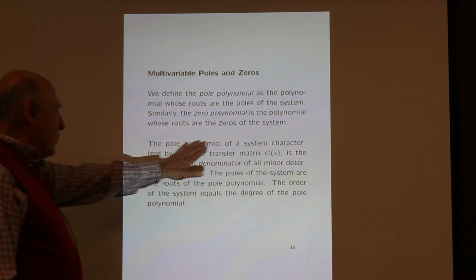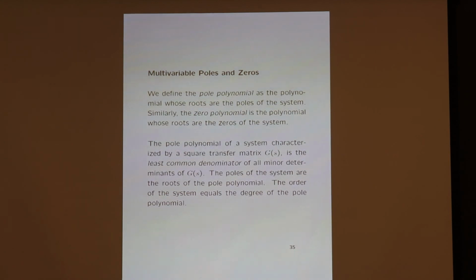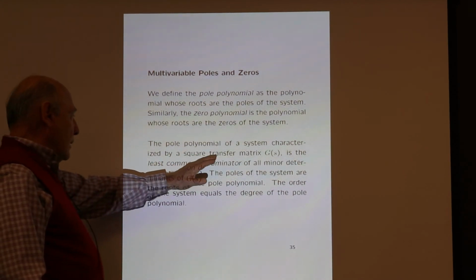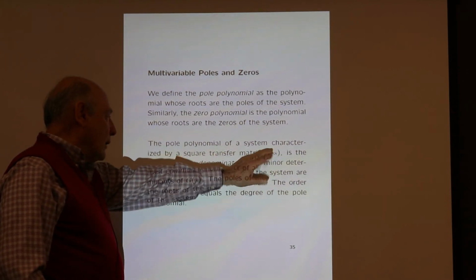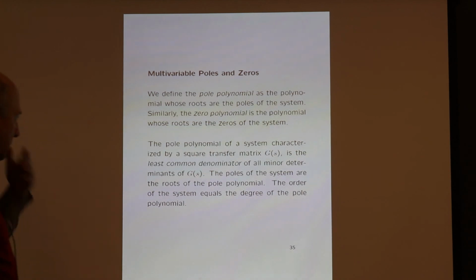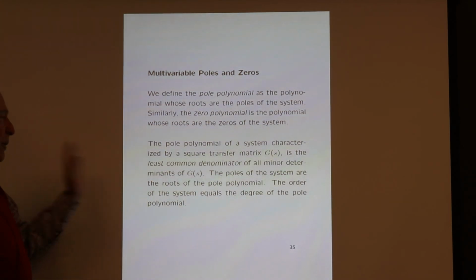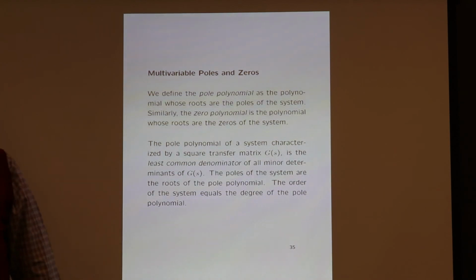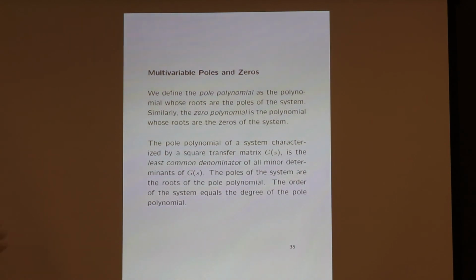The pole polynomial, which is the first one, is directly related to the stability of the system. For a system characterized by the square transfer function matrix G, it is the least common denominator of all minor determinants of G. So this is a non-trivial generalization of the single input, single output case.